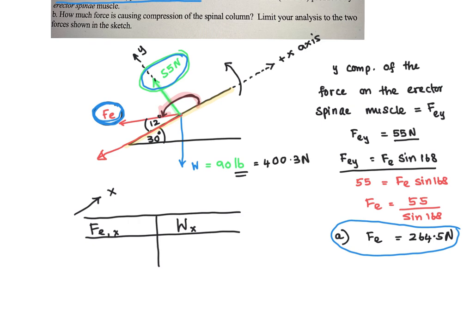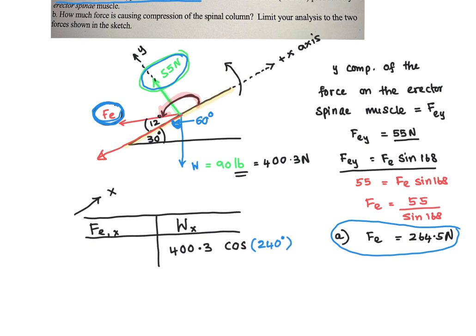Please check that. And now I am using this 400.3, and since I am looking at the x-axis, I am going to go with cosine, and this angle over here is a 60. I'm actually marking it on the diagram. If you can't see it, this is a 60. So the angle with respect to the x-axis is going to be 240.